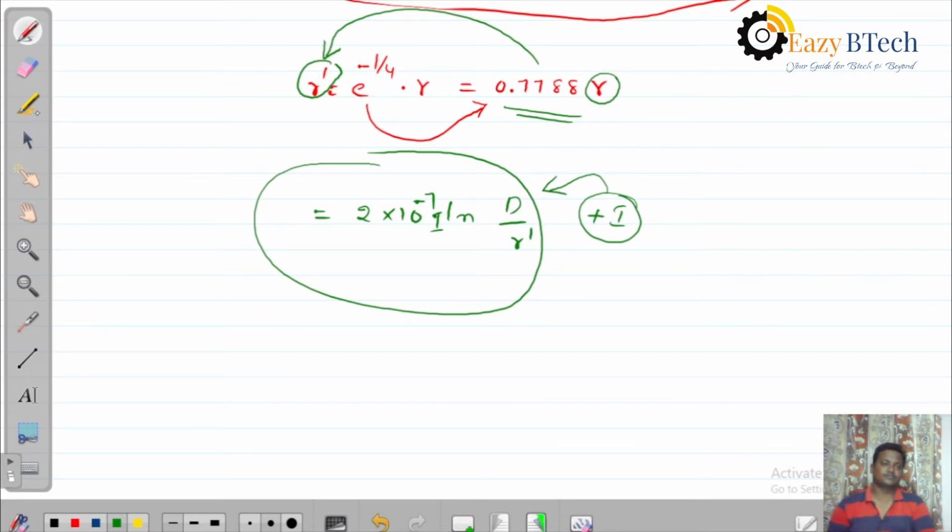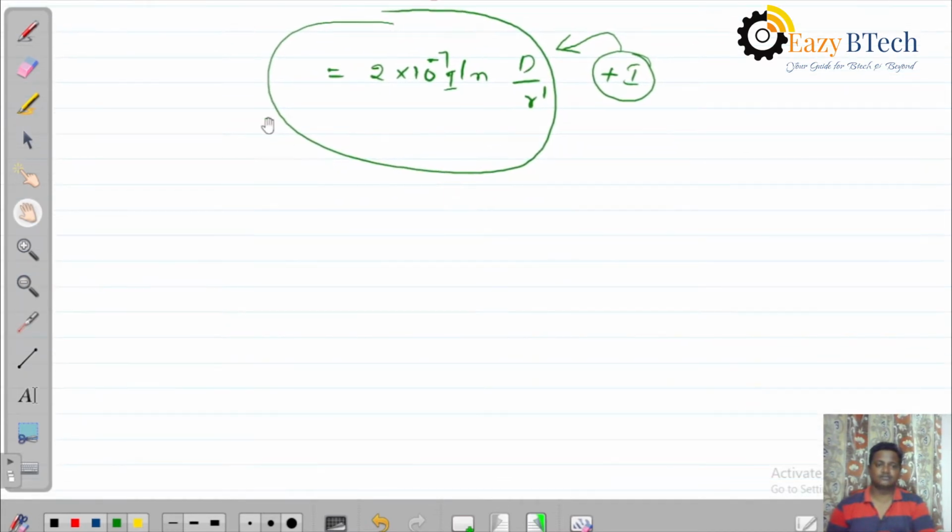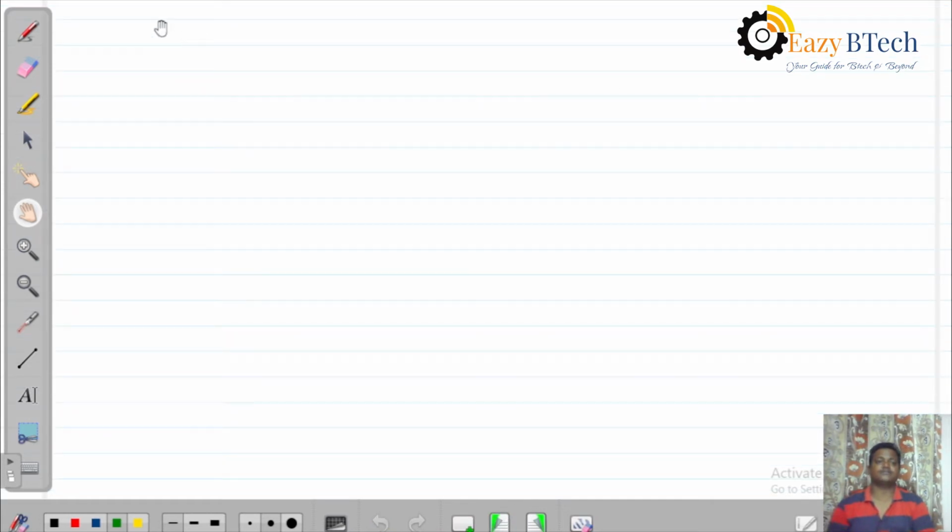Next, we have to calculate, here we are having two conductors, conductor 1 and conductor 2.